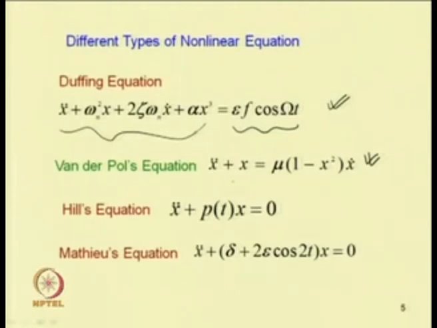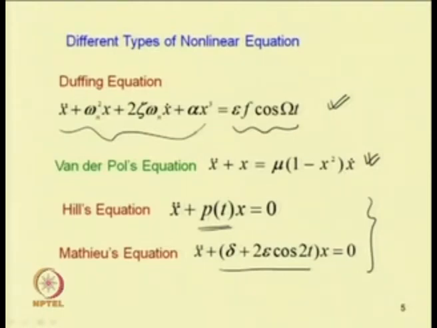Also we know the equations of parametrically excited systems, in which a time varying term is the coefficient of the response. For example, in case of Hill's equation, we have x double dot plus p t x equal to 0, and when p t, the periodic term, takes the form delta plus 2 epsilon cos 2 t, we call it the Mathieu equation.